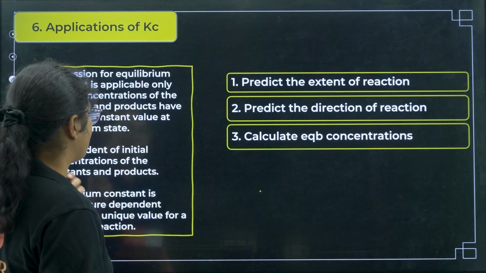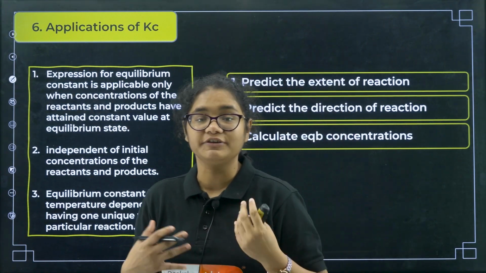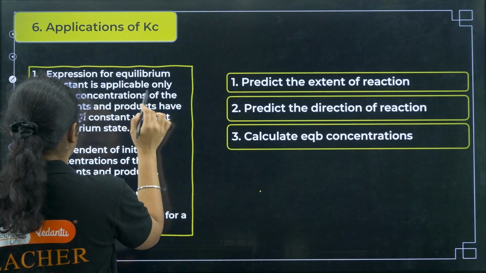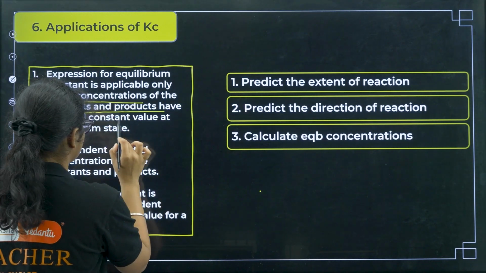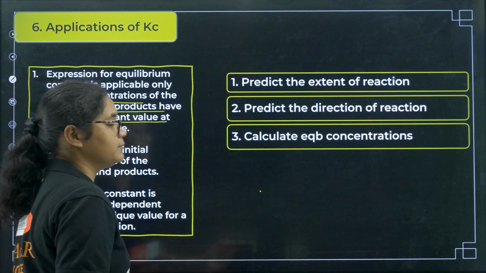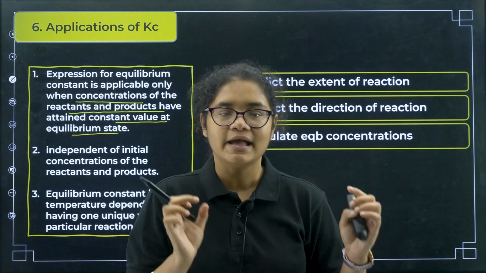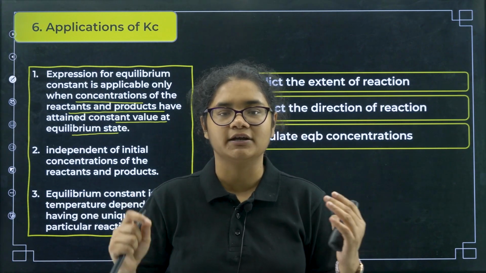Next, coming to applications of Kc, this is very important. Before that, we should know some features of Kc. First of all, Kc is always applicable only when the concentrations of the reactants and products have attained a constant value at the equilibrium state. When the reaction has already reached equilibrium, whatever concentrations or pressures are there at that time will determine your K value.